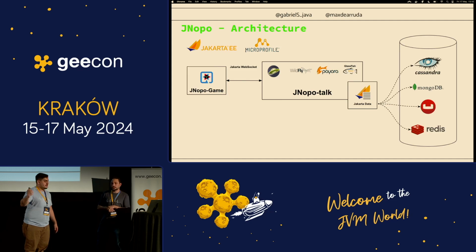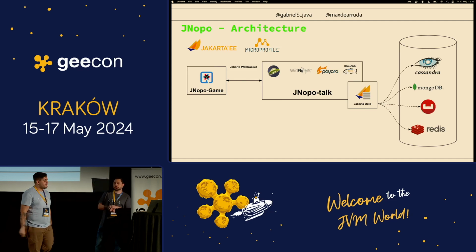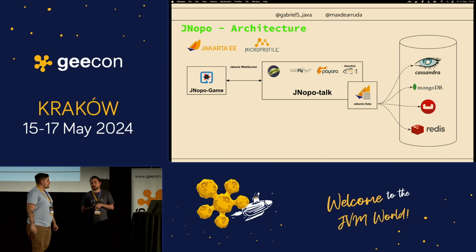We have all the databases here, like Cassandra, MongoDB, Couchbase. The game is running on the OpenShift cluster in the sandbox, so feel free to use that, and it's running there using Quarkus.